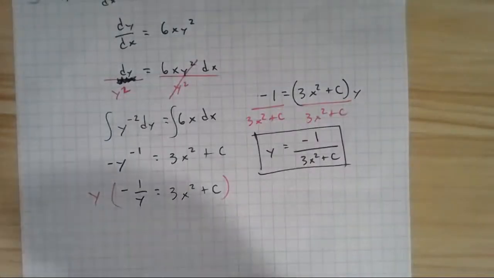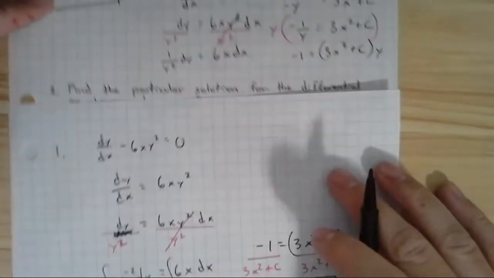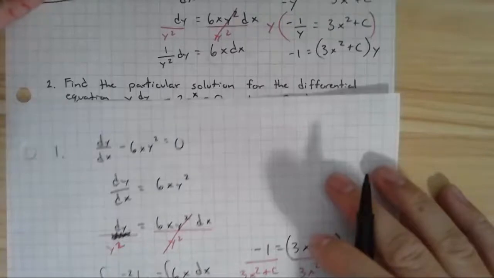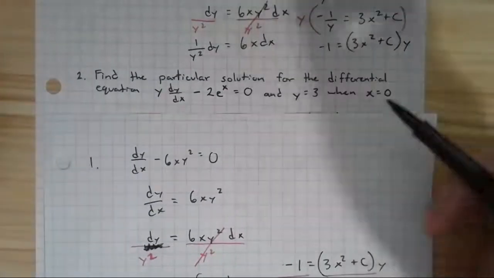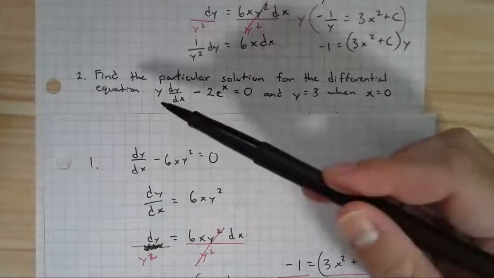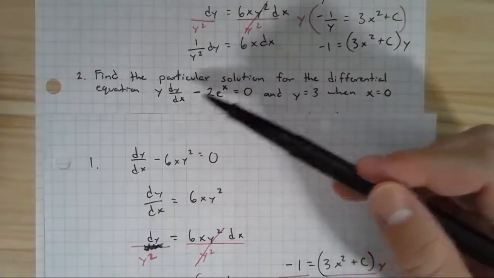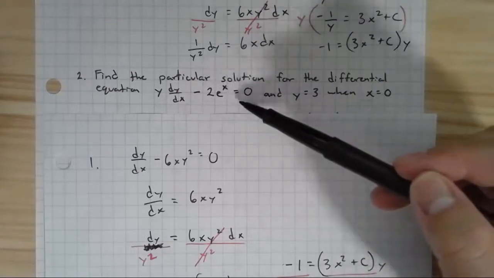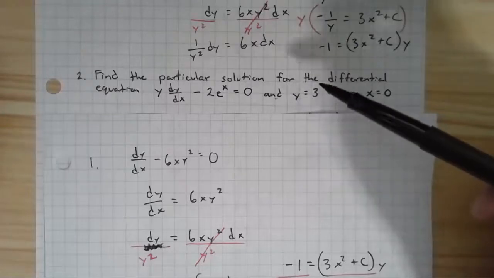Okay. Now for number 2, here's number 2. It says find the particular solution for the differential equation, and we have y dy/dx minus 2e to the x is equal to 0, and y is equal to 3 and x is equal to 0.